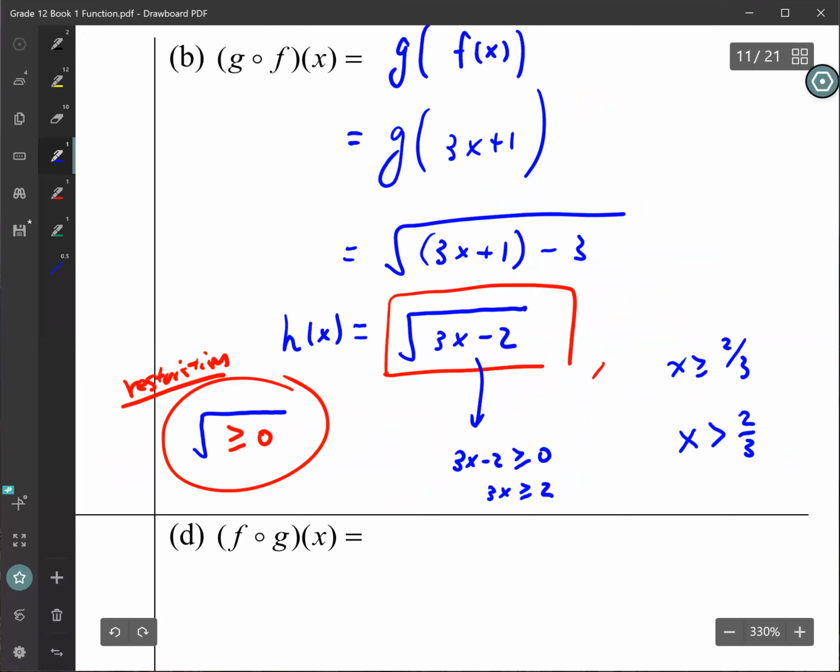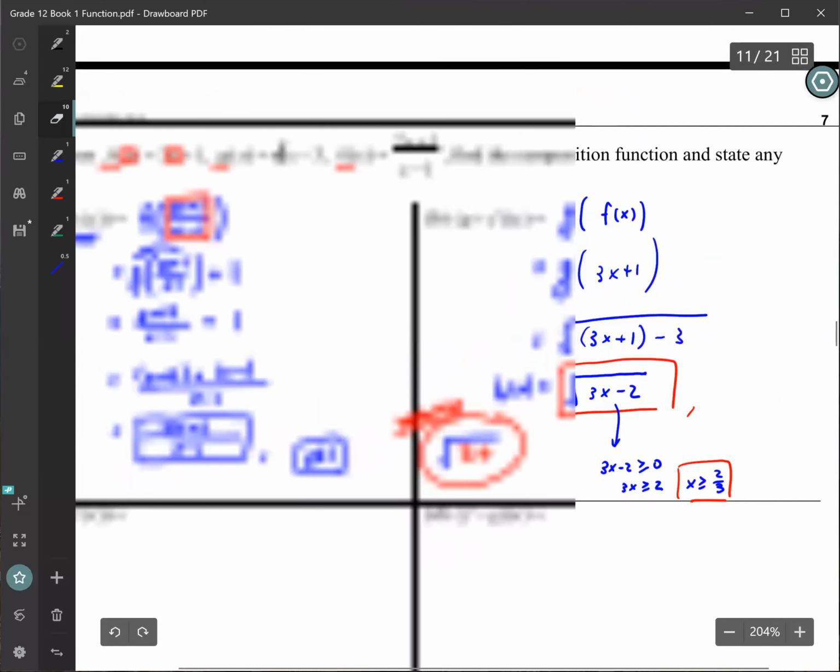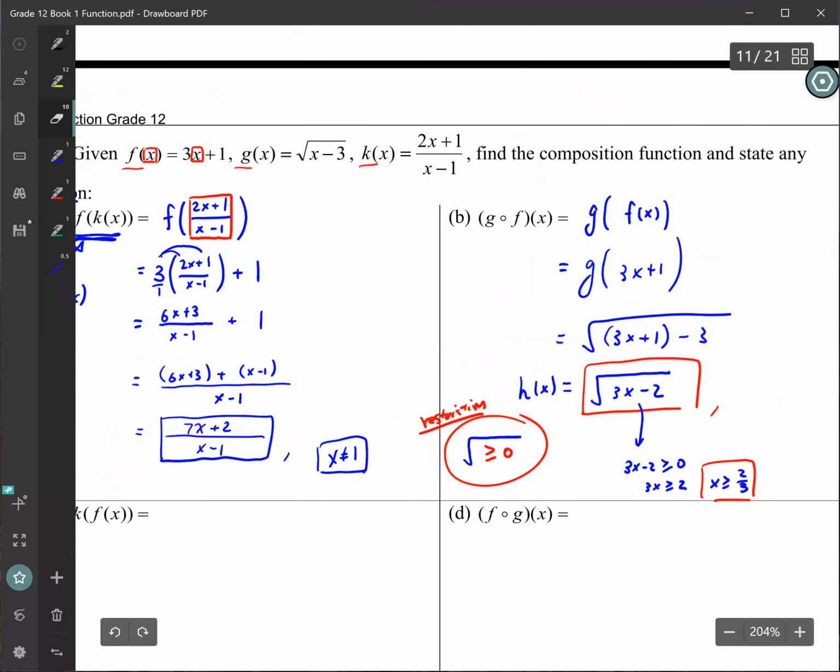And then divide both sides by 3. Then that will give you greater and equal to 2/3, okay? So that's why we need to have the equal sign. Are we good? Okay, so for square root and fractions, those are the two places you need to worry about restrictions. If you don't see those two, usually there's no restrictions.